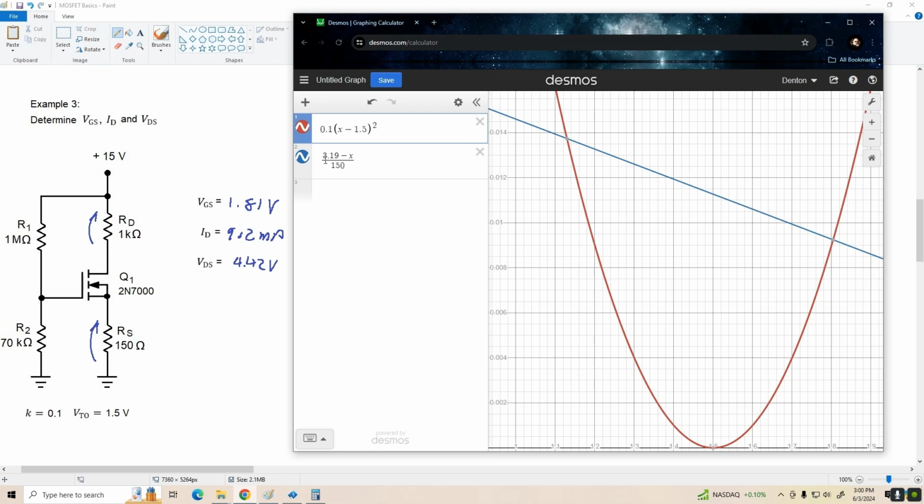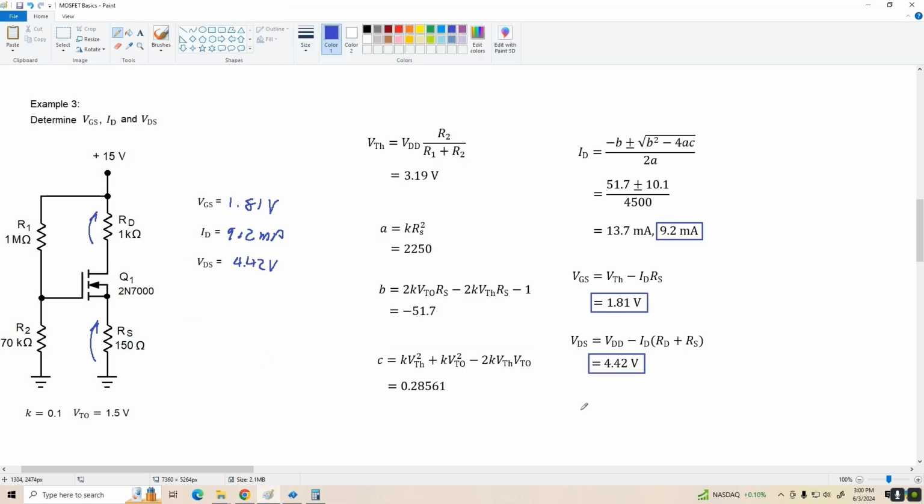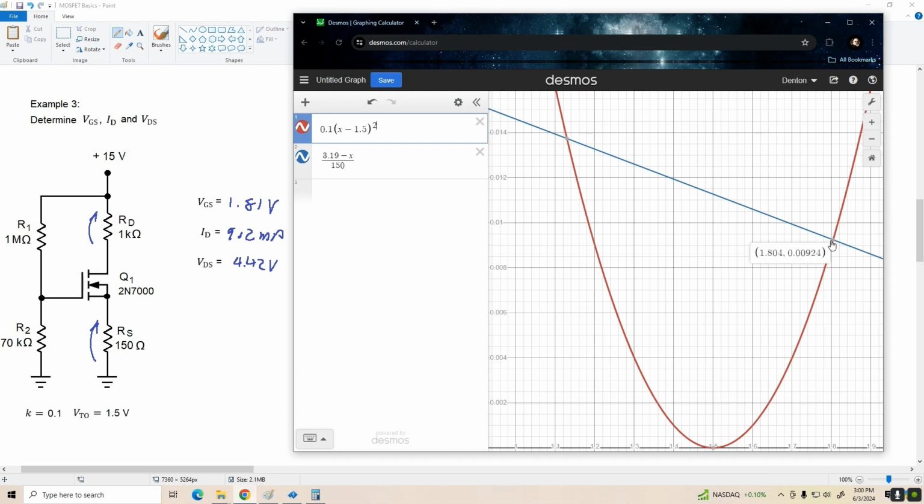And this equation, 3.19 minus X over 150, that's VTH minus X divided by RS. Okay, that gives us the line for the drop across RS. And we can see our solution is 9.24 milliamps. And the extraneous solution, 13.7, just like we predicted.